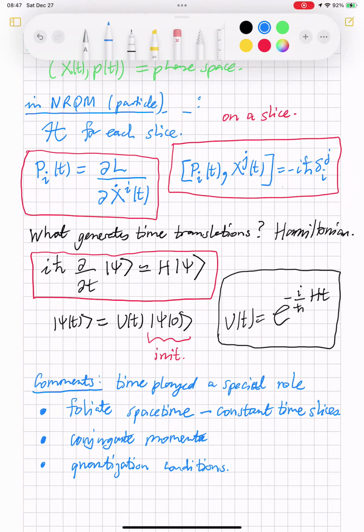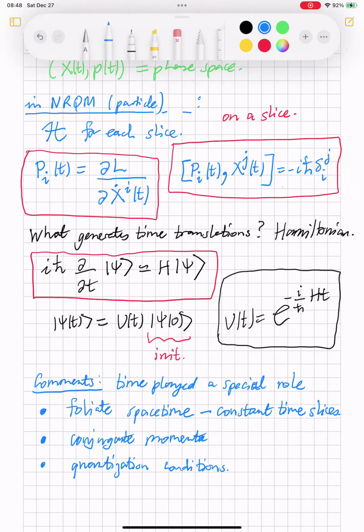But the quantization that we used also depended on the fact that we were using time to foliate our space-time. If we want to quantize the Hilbert space, well, the Hilbert space lives on a given slice, so whatever quantization condition that we have must also live on a specific slice.